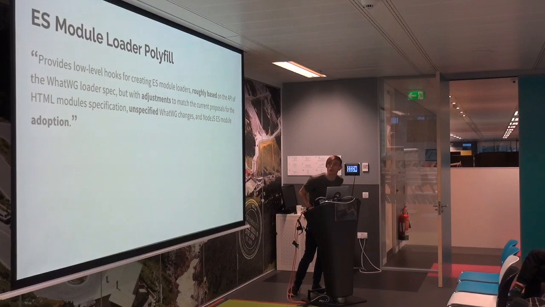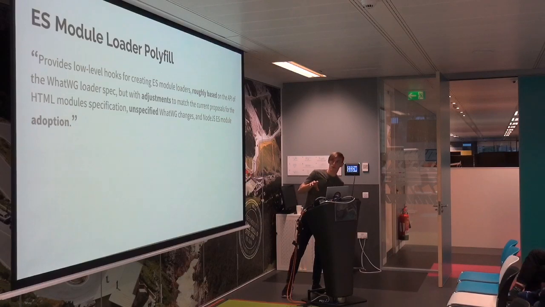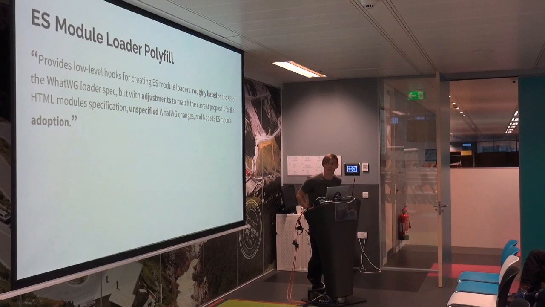ES module loader polyfill. As I mentioned before, SystemJS and JSPM.io are based on the ES module loader polyfill. But looking at it, there are a couple of weird things. It's roughly based on the API, but with a couple of adjustments. And it actually follows unspecified WHATWG changes and Node.js ES module adoption.